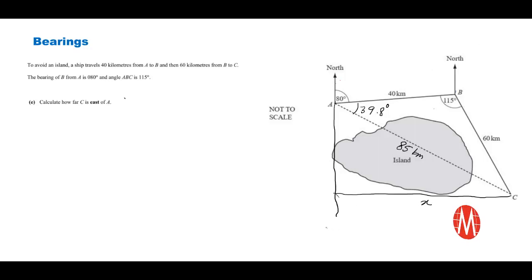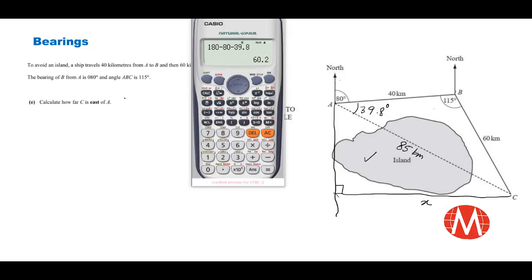And we know that the angle between east and north is 90 degrees. Therefore this triangle is a right angle triangle. If the total angle from here to here is 180, and we subtract this 80 and 39.8 from 180, this angle is 60.2.